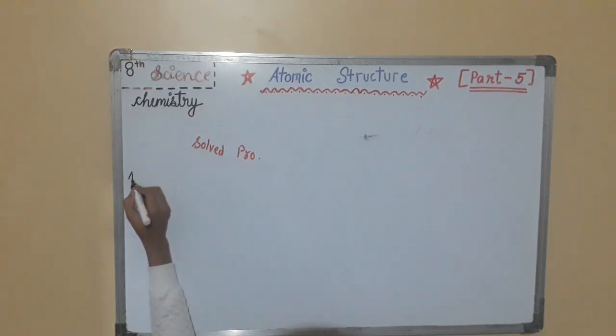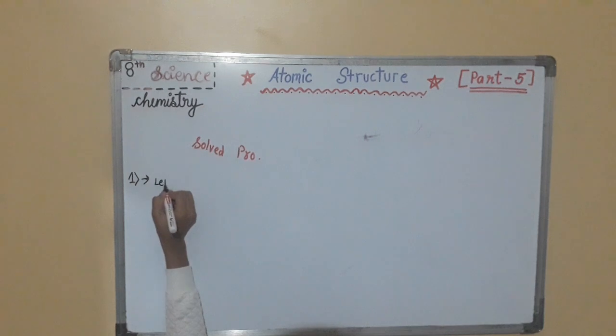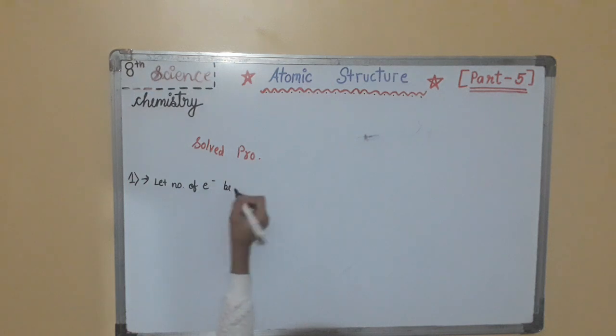So the answer will be, let the number of electrons be x. We know that total number of electrons into mass of each electron is equal to total mass of electrons.